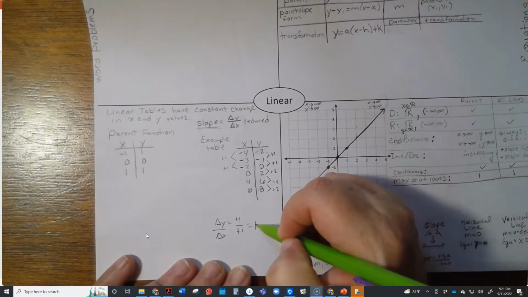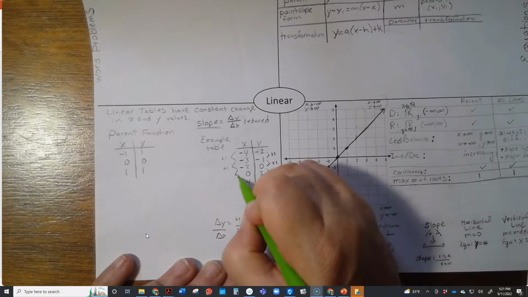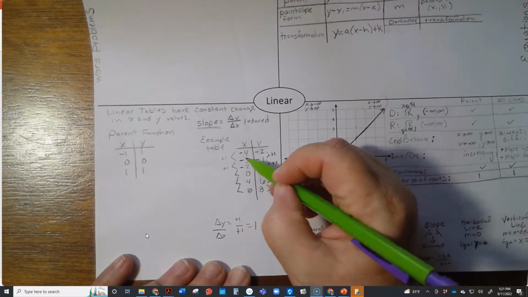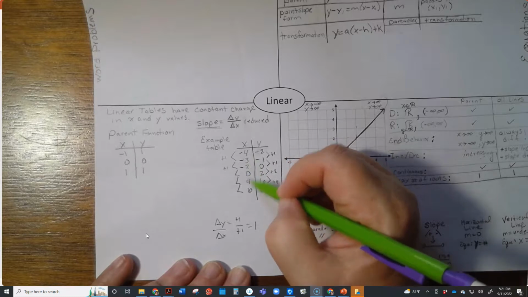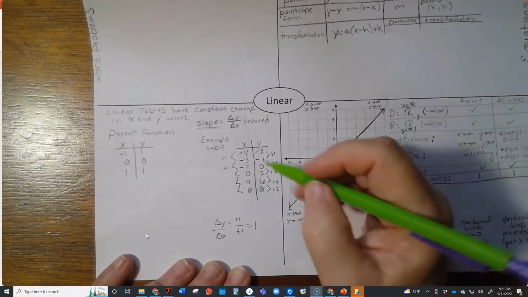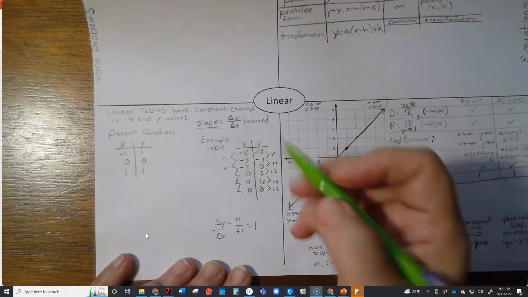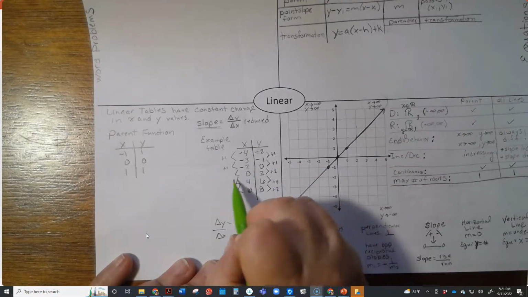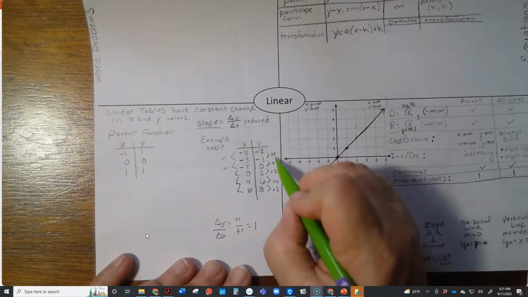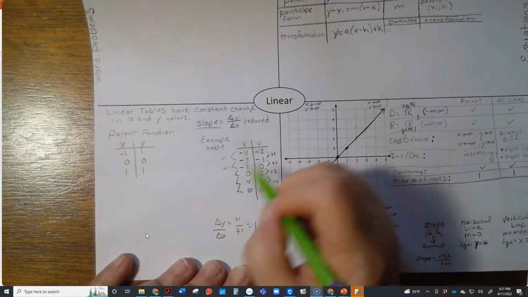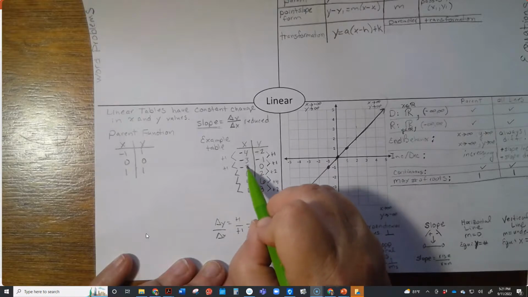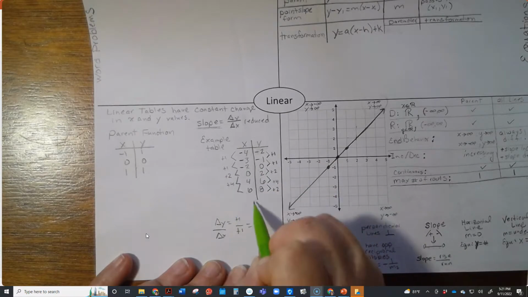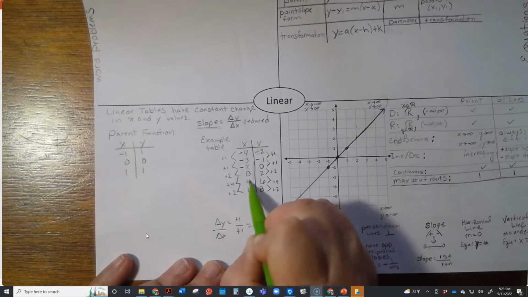I will see that in other places. I just didn't make a constant change in every one of these x values. I kind of skipped around a bit. But you can still see that this has a slope of 1. Because I found the change in y's, I'm going to find the change in x's. From -2 to 0, that's a change of +2, that's a change of +4, and that's a change of +2 to get from 4 to 6.